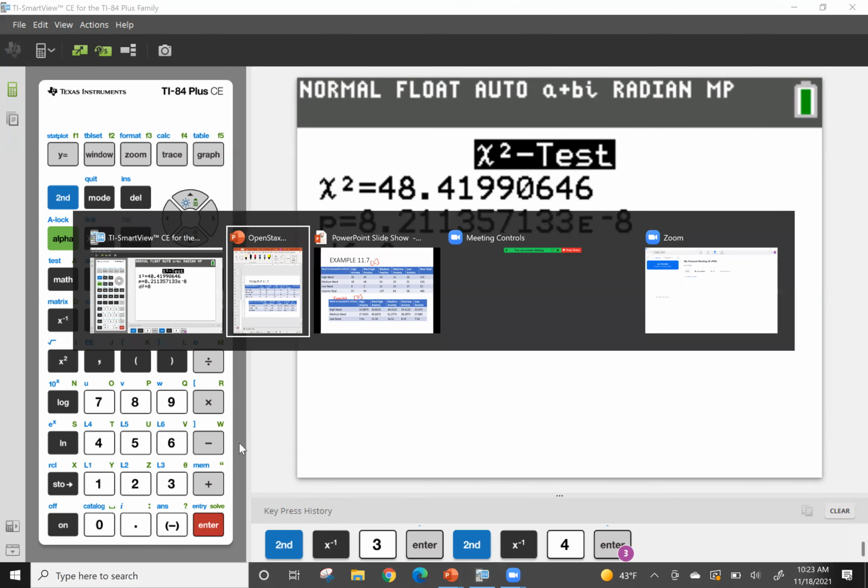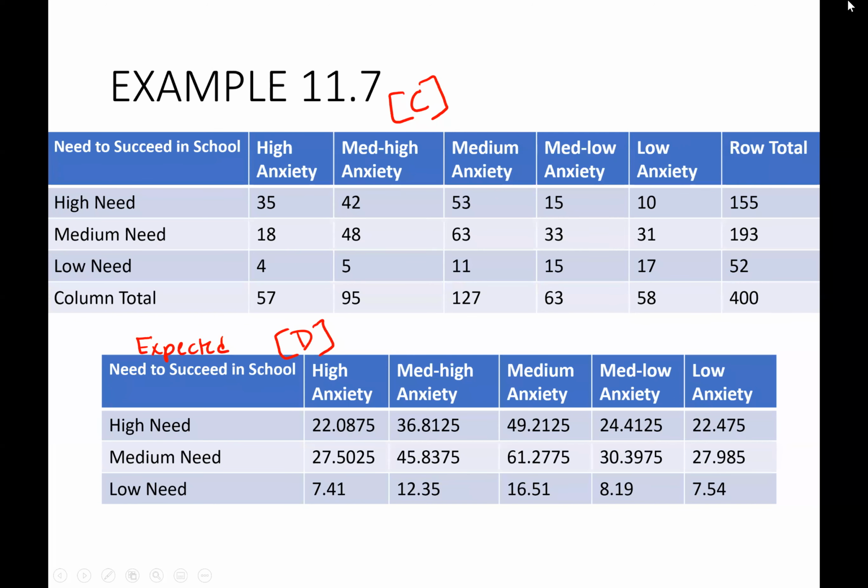So go back to our slide. Oops, apparently I didn't have another slide. So our chi-squared statistic that we found was 48.42, but the p-value was 0.0000008, with 7 zeros and an 8.